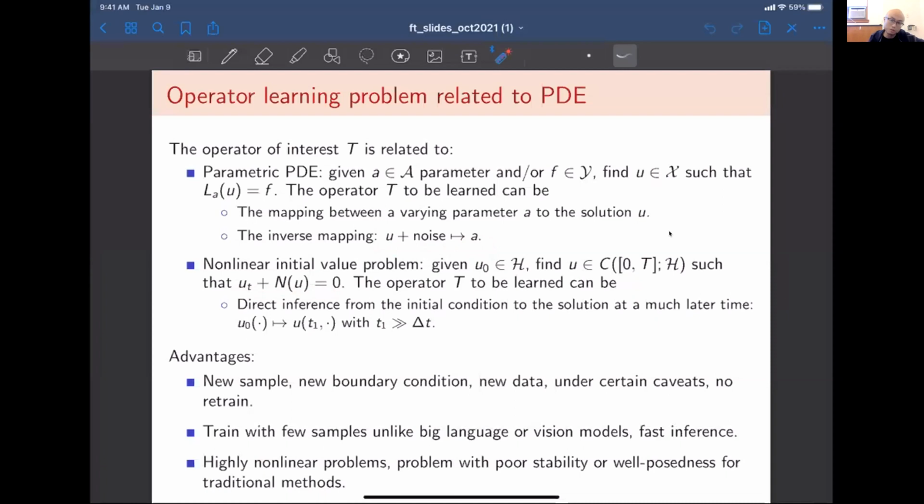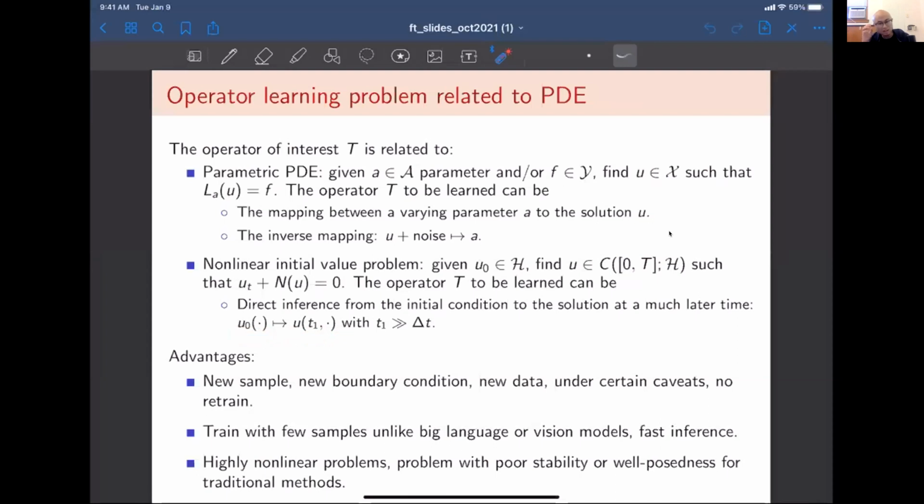For example, right now we want to learn an operator starting from the initial condition or any intermediate step to a much later time. I would like to emphasize this T1 is much bigger than our normal step size, for example, bounded by the CFL condition for the explicit scheme.